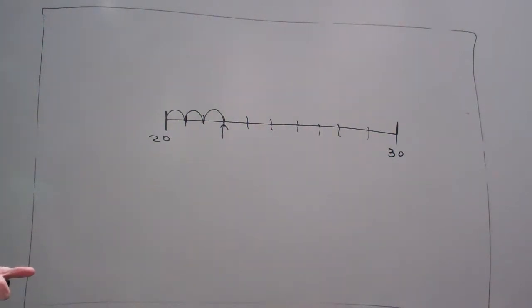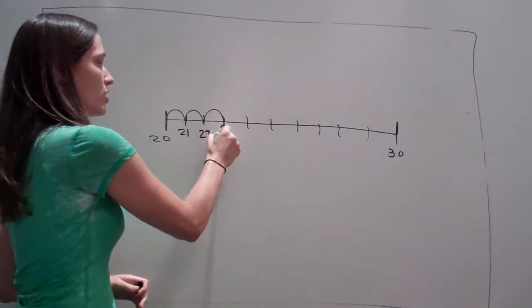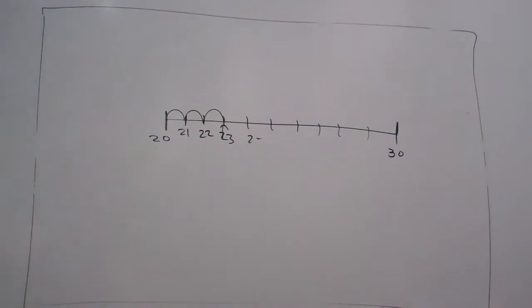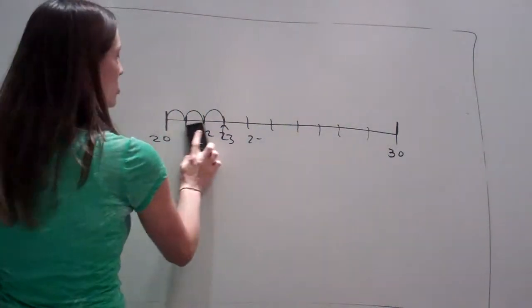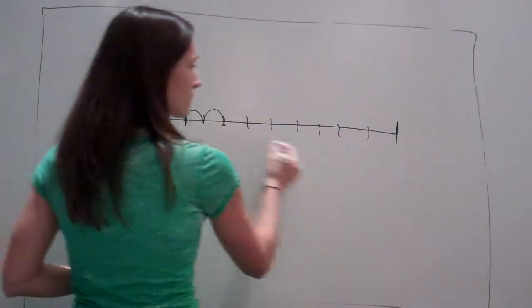Does that make sense to y'all? We just went 3 jumps, and this would be 21, 22, 23, 24, 25, 26, 27, 28, 29, 30. We're not looking at a ruler that's like that. The weird thing is we're looking at a ruler that's like this.